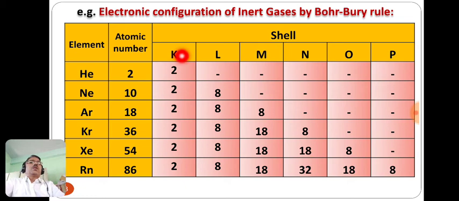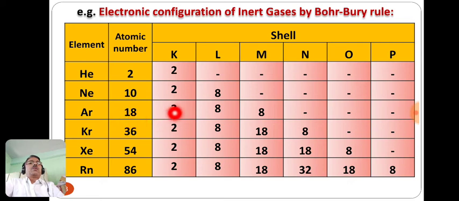These are the shells in increasing energy level from left to right, K, L, M, N, O, P. For helium there are 2 electrons, so both electrons are accommodated in the first energy level K, when the principal quantum number is 1. For neon, there are 2 electrons in K and the remaining in the second energy level.